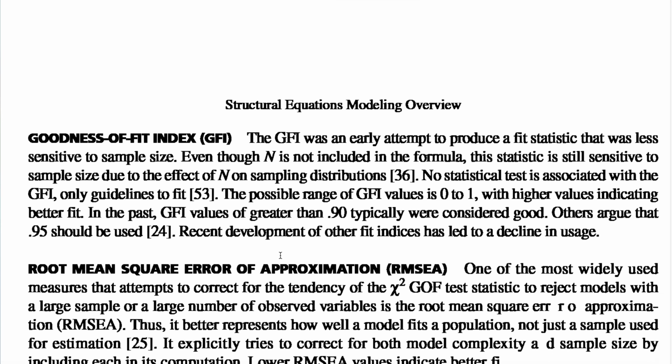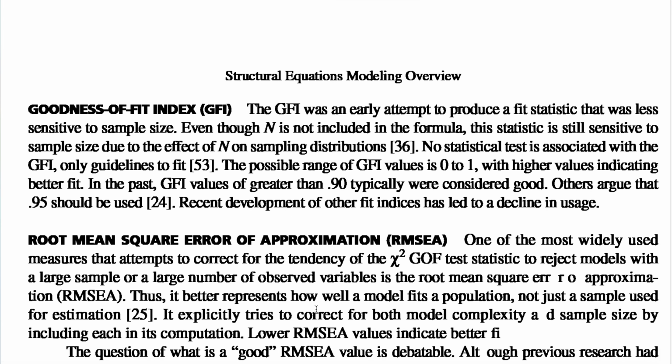Goodness of fit index. The GFI was an early attempt to produce a fit statistic that was less sensitive to sample size. Even though N is not included in the formula, the statistic is still sensitive to sample size due to the effects of N on the sampling distribution. No statistical test is associated with the GFI, only guidelines for fit.